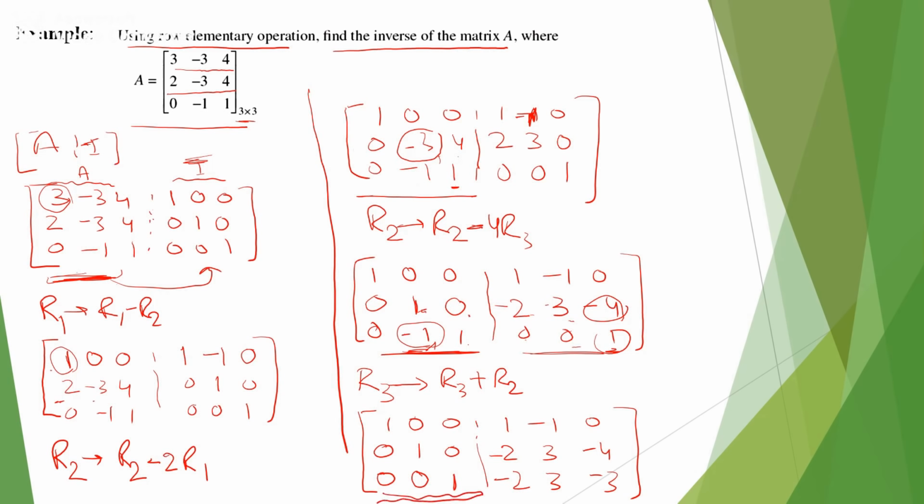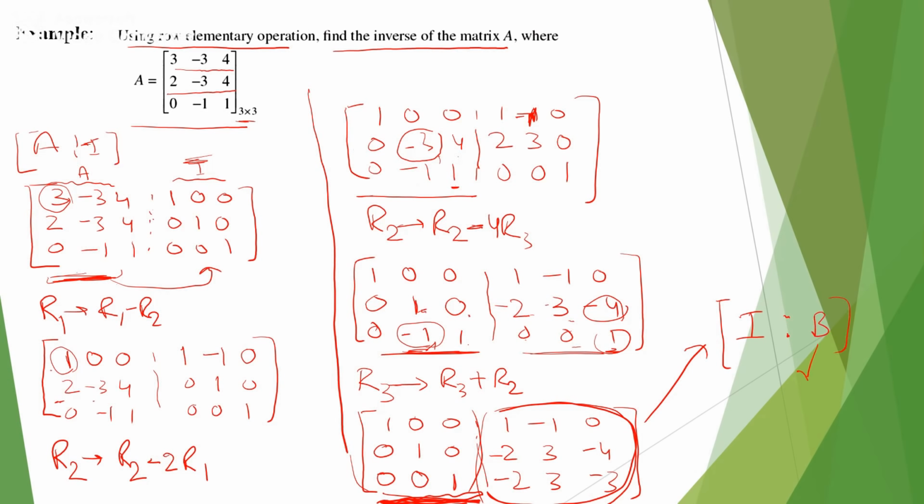Now at that stage we check the matrix. Initially we took the matrix A, and it has become the identity matrix, right? Now the initial identity matrix has become a new matrix, this one. So we say A is converted into I, and the identity matrix into a new matrix, suppose B. Now what is that B?